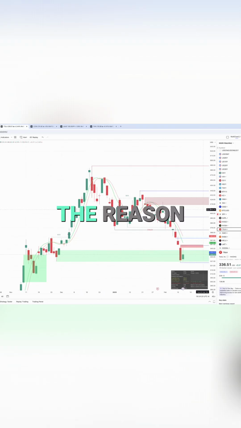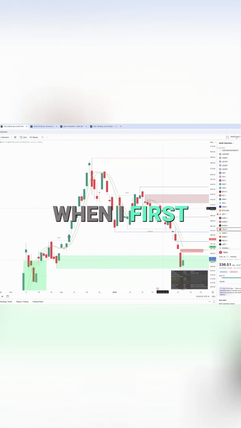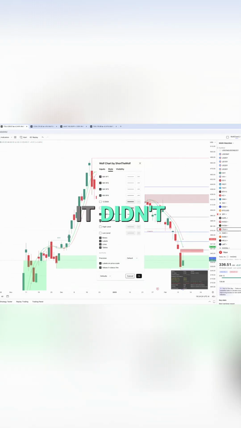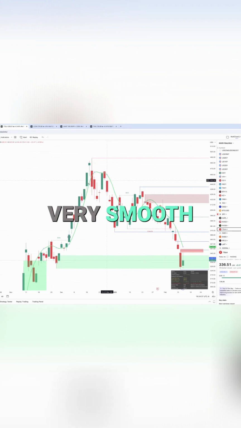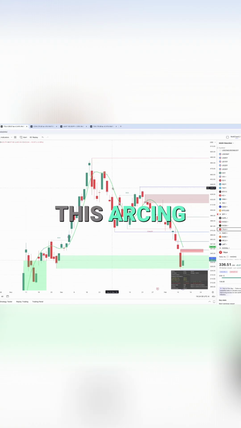But the reason I built this moving average initially, when I first built it, it didn't have this red line attached to it. So the moving average actually is two lines. Okay. The moving average is this green line here, and it moves very smooth, but it makes like this arcing shape.